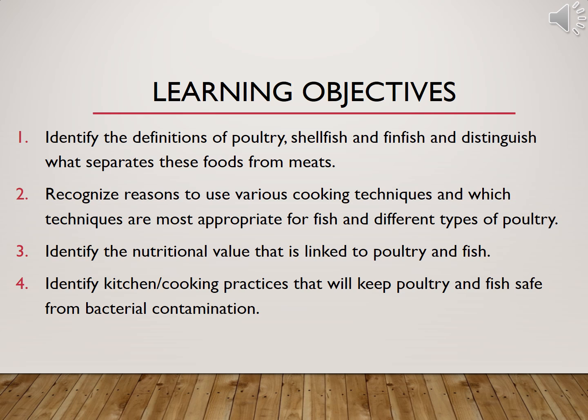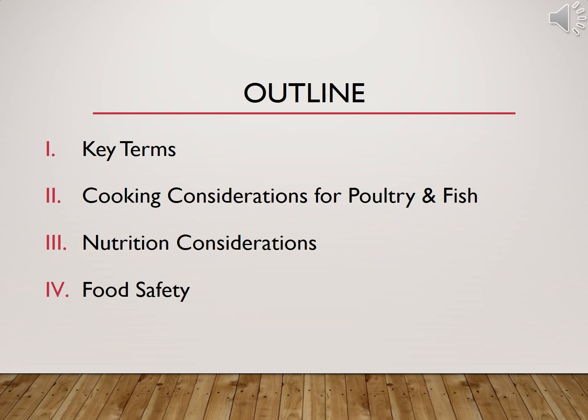Their value will be very similar to meats, but there are a few nutrients found in higher quantities in each of these foods. Keep an eye on the differences and also note the similarities between meat, poultry, and fish. And finally, just like meats, poultry and fish are highly susceptible to microorganism contamination, so be able to recognize what can be done to keep these foods safe in the kitchen.